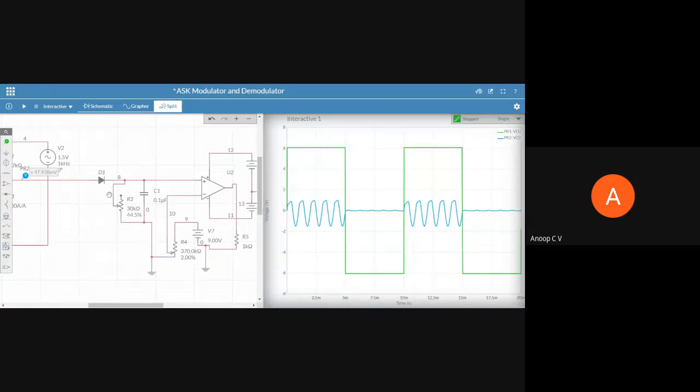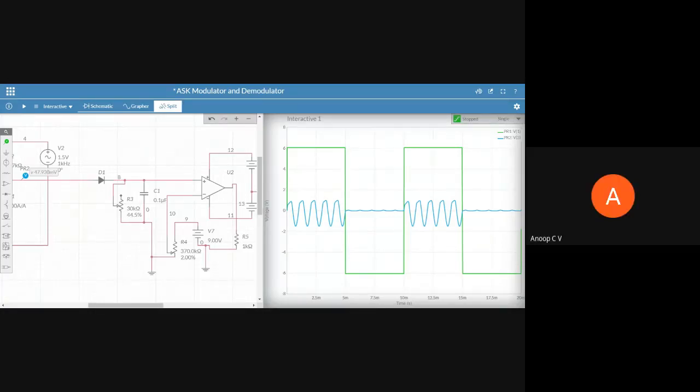What is the path through which the capacitor will charge, and the path through which it will discharge? The capacitor will charge through the diode. Is resistor R3 involved in the charging of the capacitor? No. While the diode is reverse biased, the capacitor will discharge through this resistor.